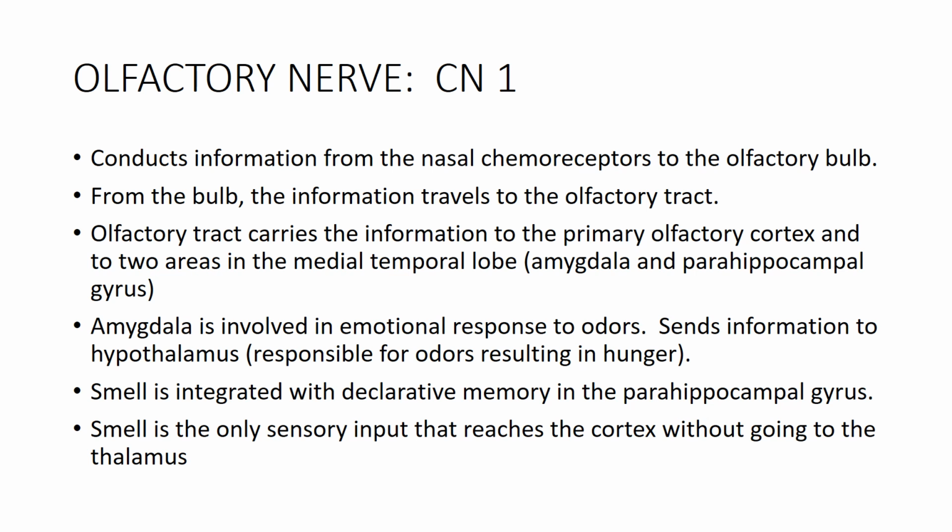And we also know that smell can exacerbate hunger, or maybe even initiate hunger. If you weren't hungry before you smelled something, you might become hungry when you smell something that's appealing, that's associated with food. So smell is the only sensory input that reaches the cortex without going through the thalamus, which is kind of an interesting piece of information.